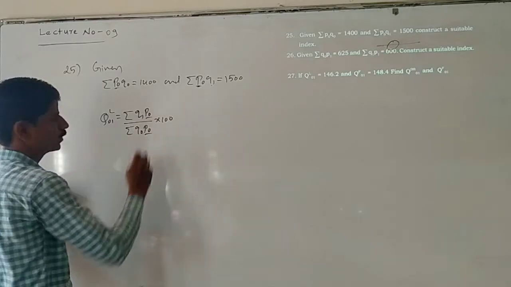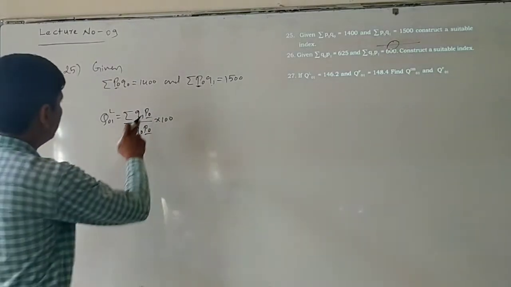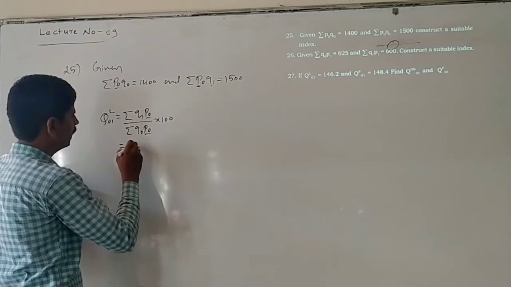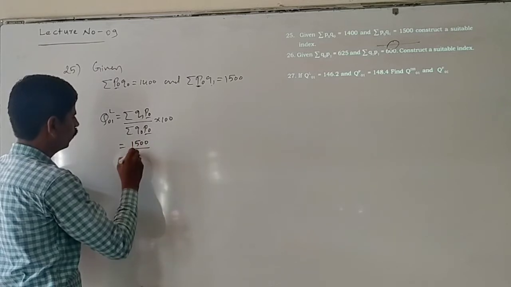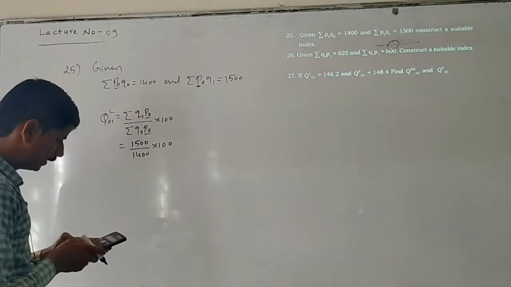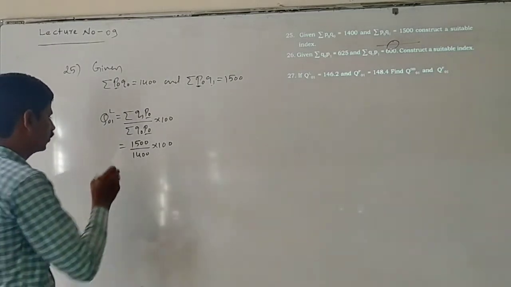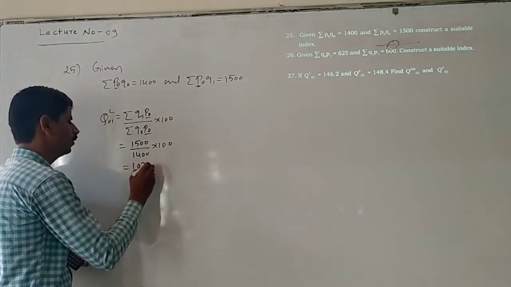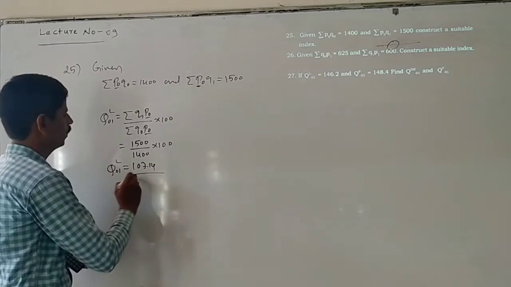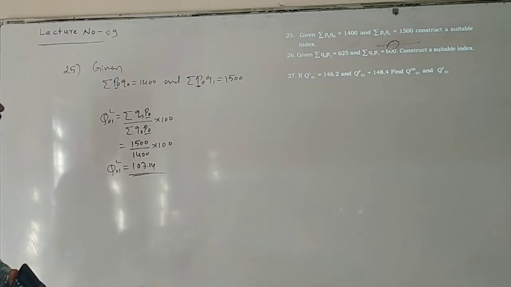The Laspeyres' quantity index number deals with base year prices, that is P0 and P0. Then substitute the values: 1500 divided by 1400 into 100 is 107.14. 107.14 is the Laspeyres' quantity index number.